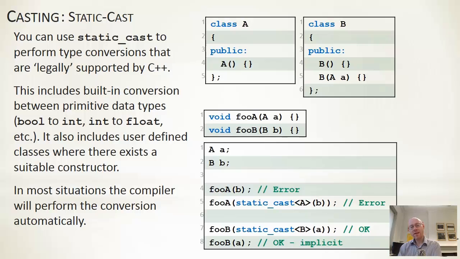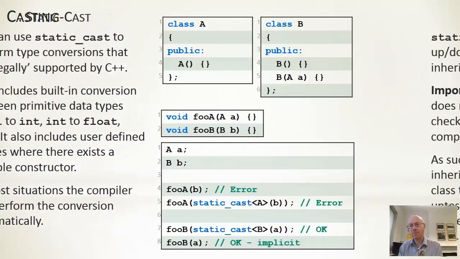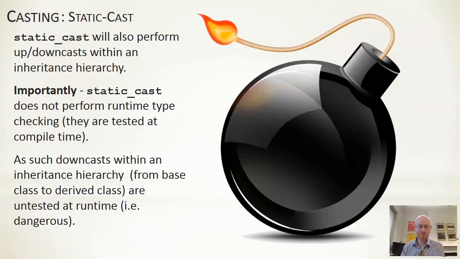Static cast, we can also use static cast for casting up and down within a hierarchy. If we have base classes, refined classes, we can use the static cast to move up and down that hierarchy. Now static cast, because it is done at compile time, there's no extra overhead at runtime, so it's a fast way of doing this. You obviously can't perform runtime type checking. So it's always going to be safe to say, here I have a circle, I want to treat it as an instance of shape.